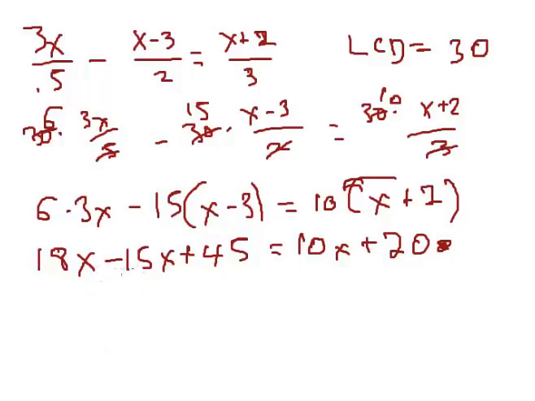We've got 18x minus 15x, so we can combine that. Obviously, you want to combine as much as you can. So we've got 3x plus 45 equals 10x plus 20. Now, when you've got both x terms and constant terms on both sides, you want to get all the x terms to one side and all the numbers to the other.